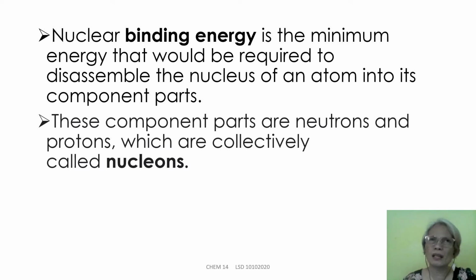But in our context, we shall just be zeroing in on neutrons, protons, and for chemical reactions, electrons. But in our particular topic, we'll be more interested in neutrons and protons, which are located in the nucleus. So again, the neutrons and protons are collectively called nucleons.